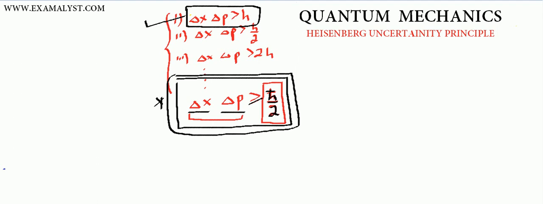So let me tell you what we know of quantum mechanics till now. Till now we studied that quantum mechanics has something called psi, which is called the wave function. Agreed. And this wave function satisfies a particular equation which is called the Schrodinger equation. Agreed.